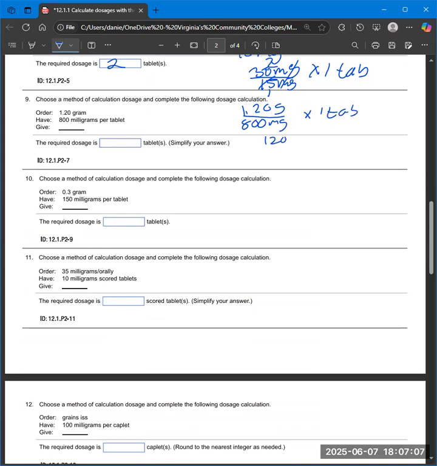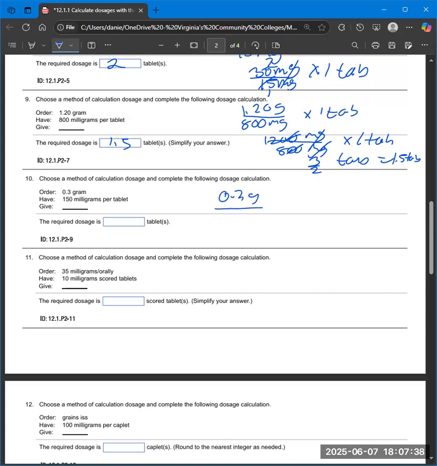This is 1,200 milligrams over 800 milligrams times 1 tablet. So milligrams cancel. This is 3 halves. So that's 1.5 tablets. Again, hope you can give them half a tablet. If you can't, go back and talk to the prescriber.